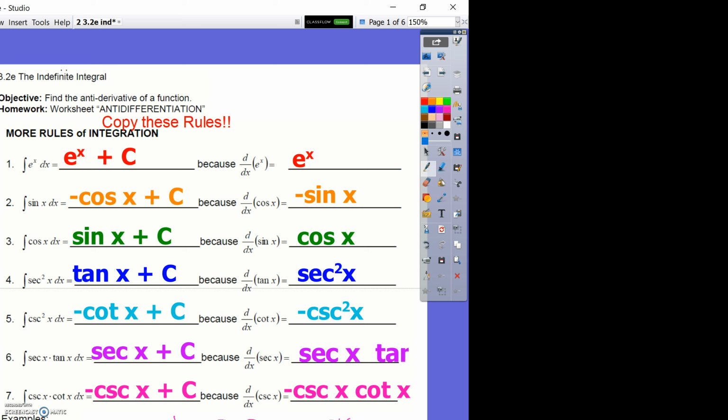Number 9, we're going to use our previous rules to do the antiderivative separately of the two functions after the integral sign. So the first one is going to be separated to look like this. Second one is going to be separated to look like this. And now we're ready to do our antiderivative. If we look above, the antiderivative of sine squared x is number 6, the rule above.